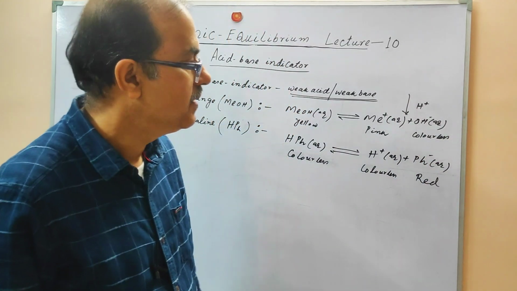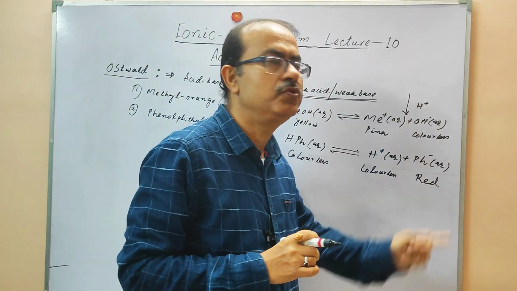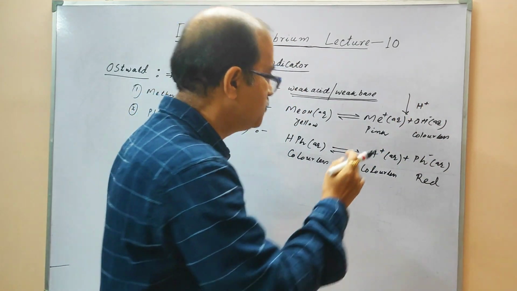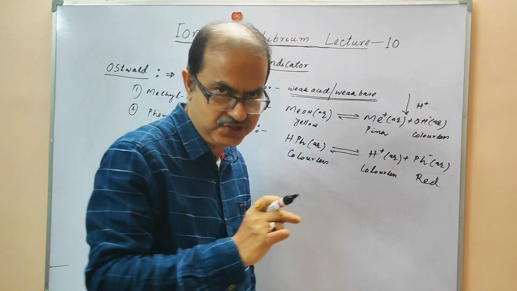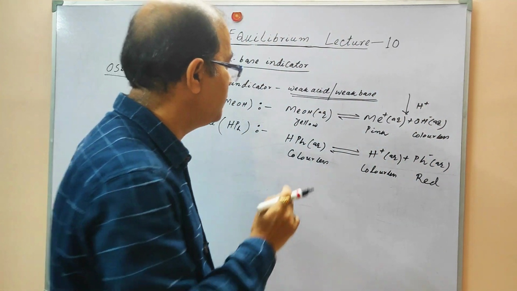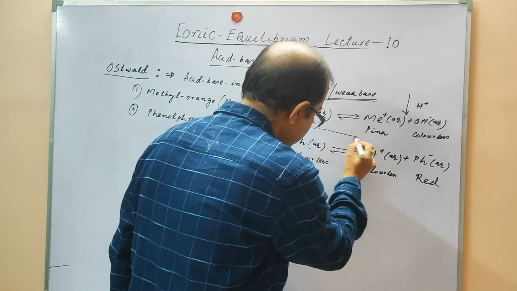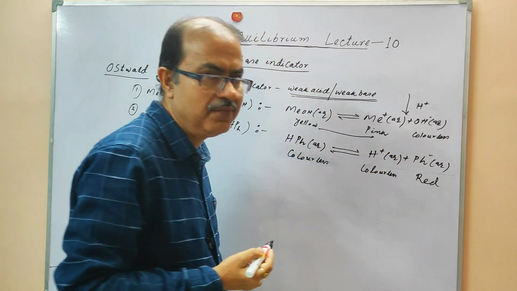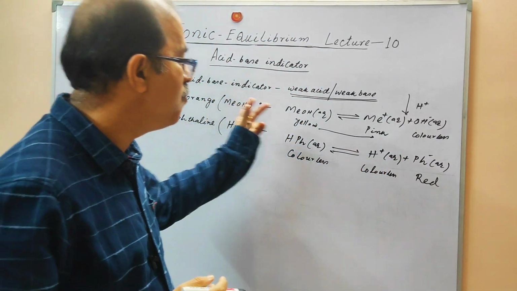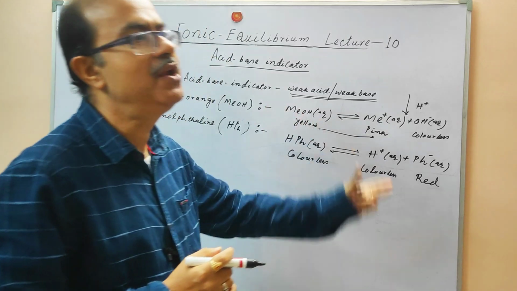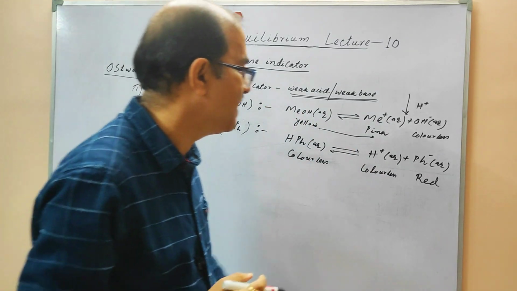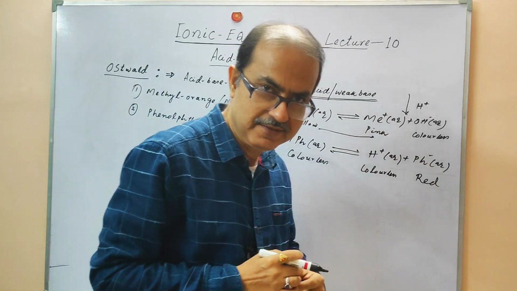It will react with OH minus ion, and this OH minus ion will vanish. So naturally the reaction goes in the forward direction. So more MeOH, that is methyl orange, is going to dissociate and it will produce this pink color.